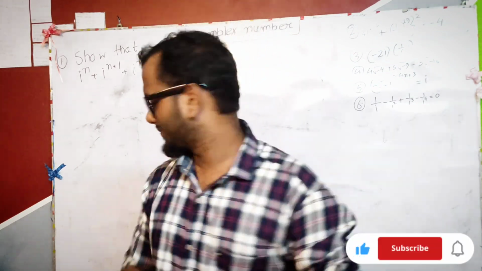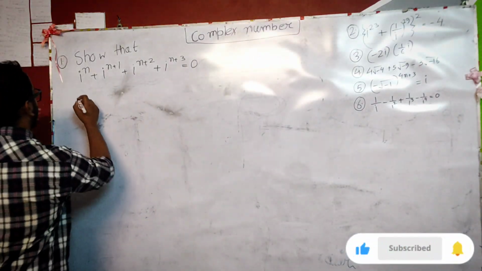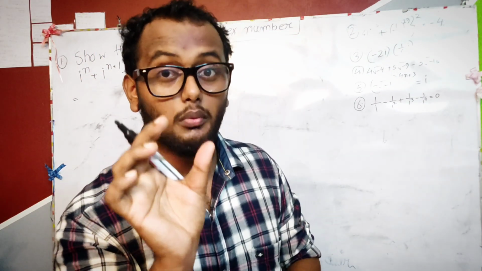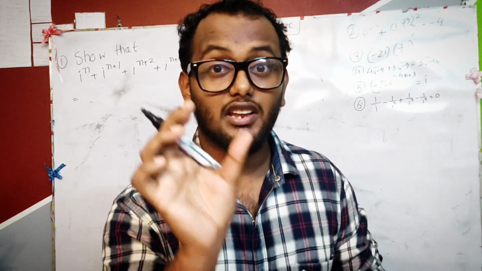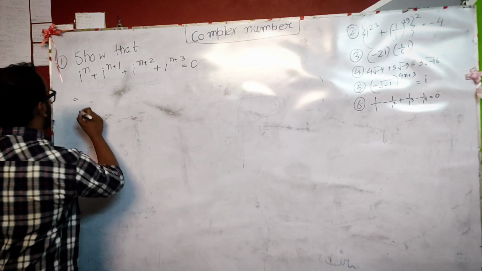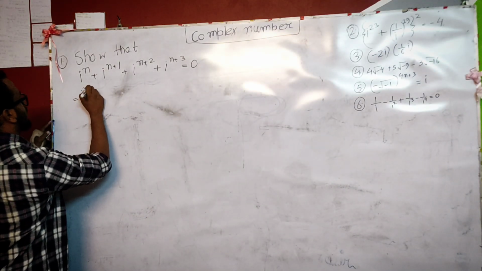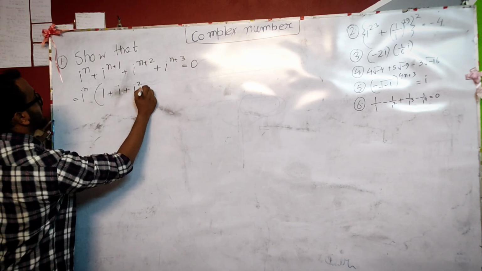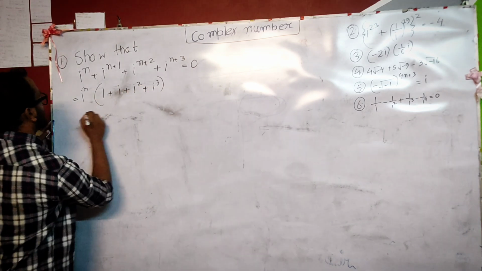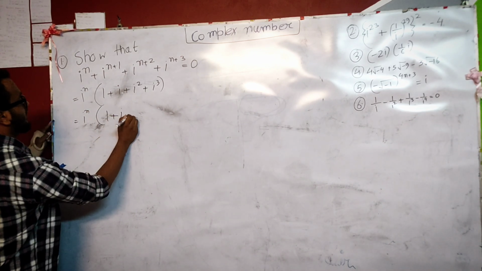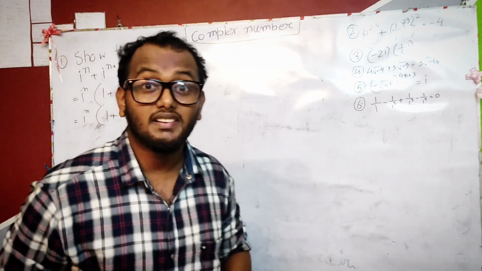So let's try. As I said in the last lecture, we take the smallest term common. So i to the power n common, and we get i to the power n times (1 plus i plus i square plus i cube). What is the value of i square?